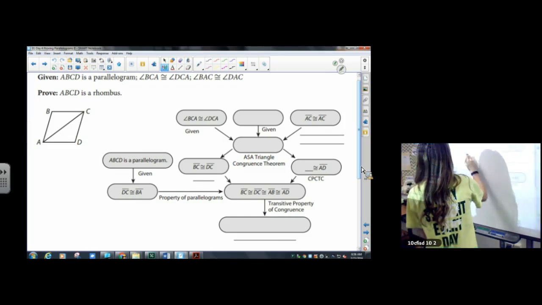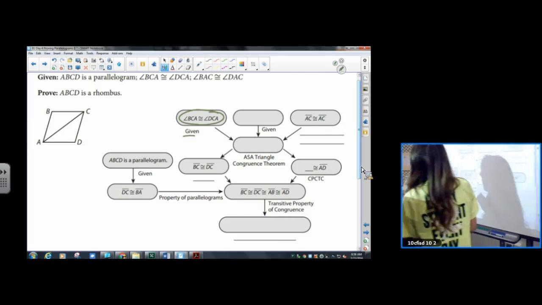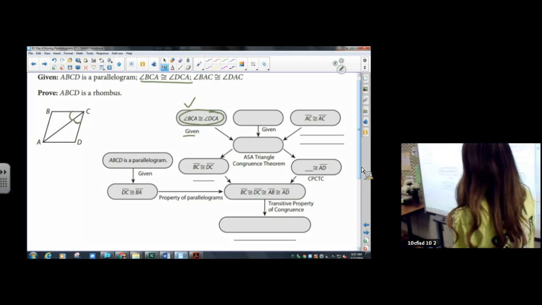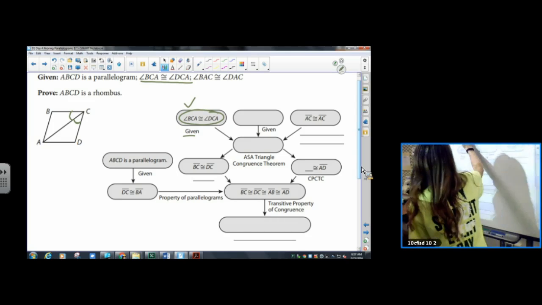We have BCA is congruent to DCA, and it's given. We're going to mark our picture. BCA, DCA. Given. Check. I marked it. Okay. We are also given that BAC is congruent to DAC.